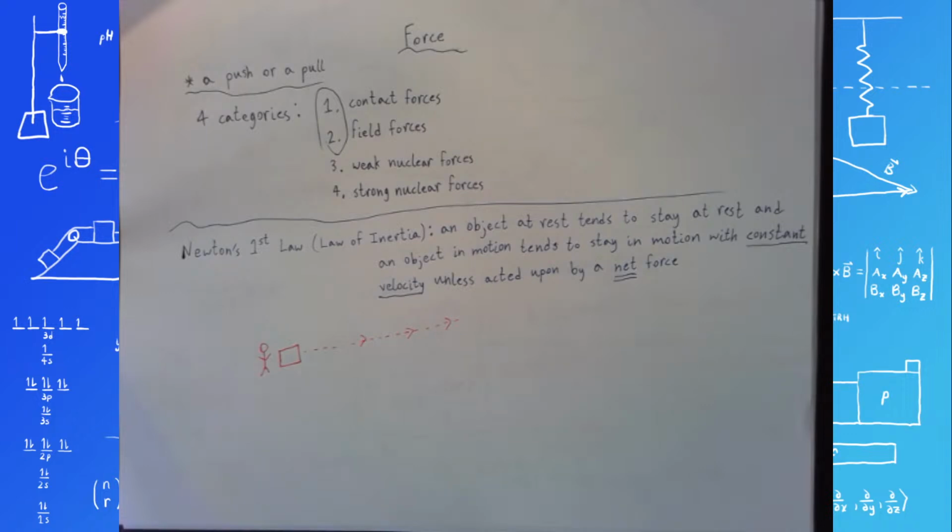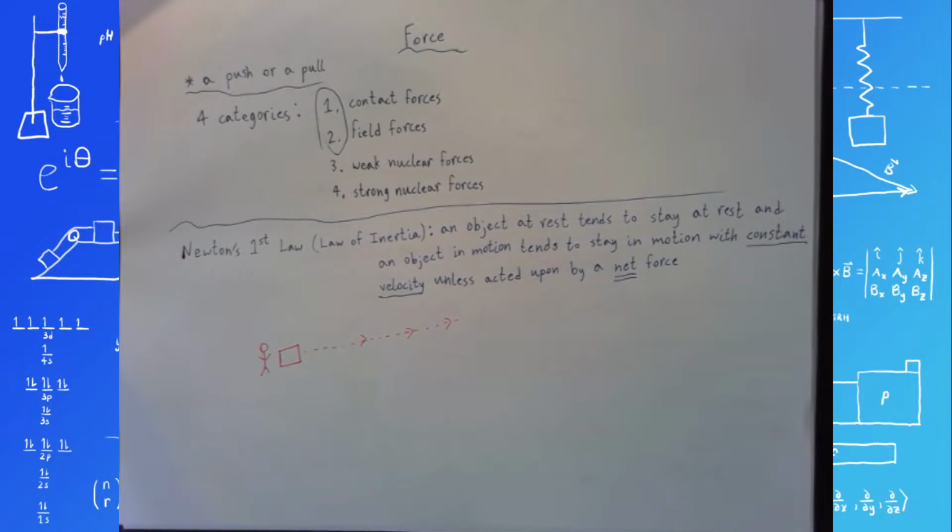So a lot of times students assume that there's no force on an object only when it's not moving, and if an object is moving, there must be a force on it. That's just not true. It's just that here on Earth, we don't really get to observe that because we don't have environments that are completely devoid of forces.